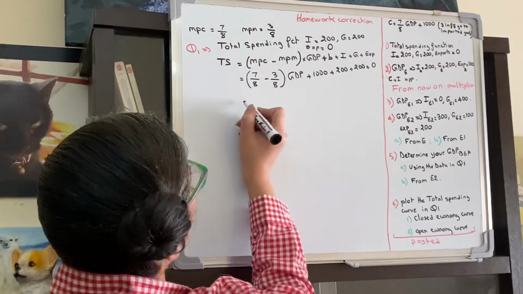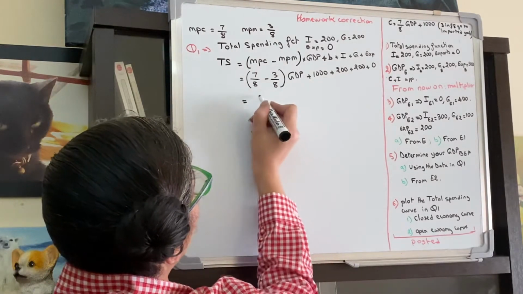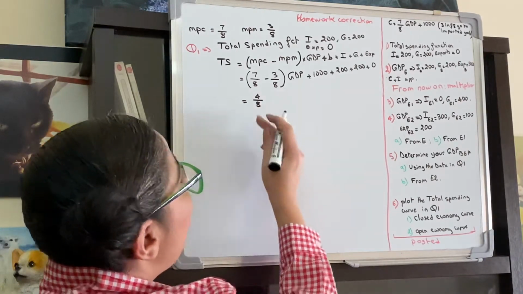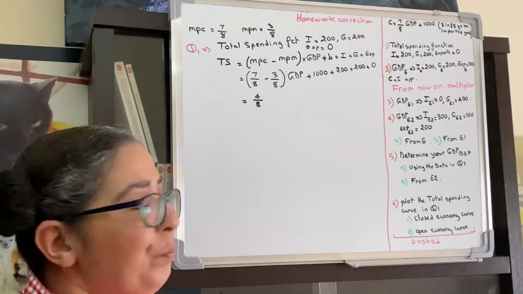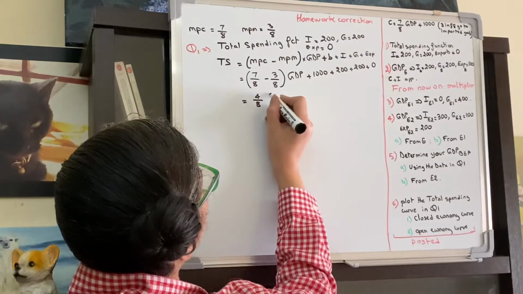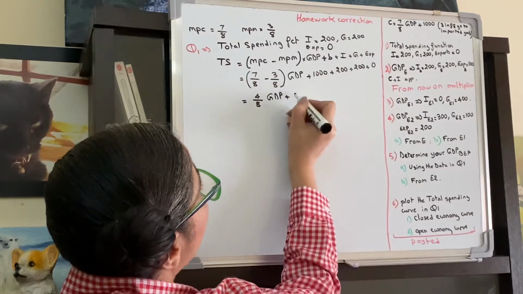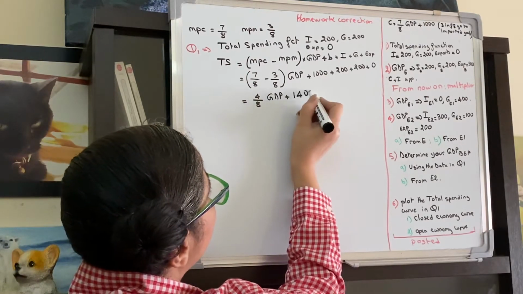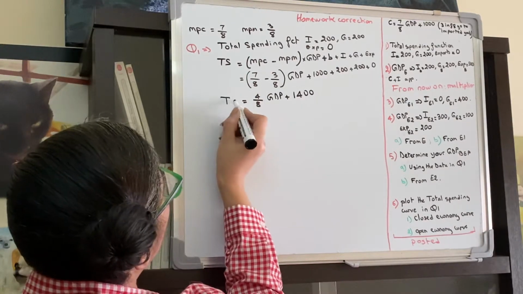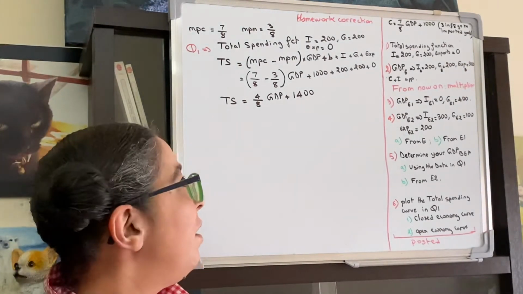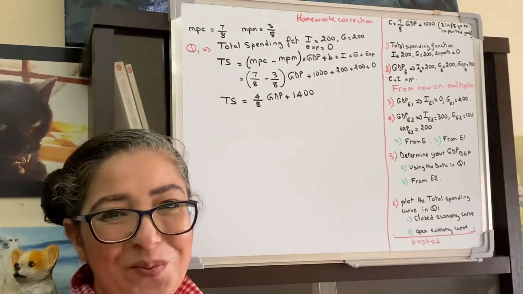Okay? So 7 minus 3, that would be 4 over 8, which is going to give me 1 over 2. Let's keep it 4 over 8 GDP plus 1,400. That would be my total spending function. Okay, guys? You can simplify to 1 over 2.